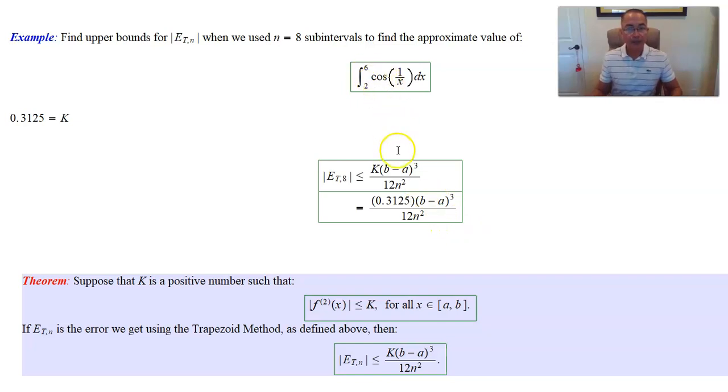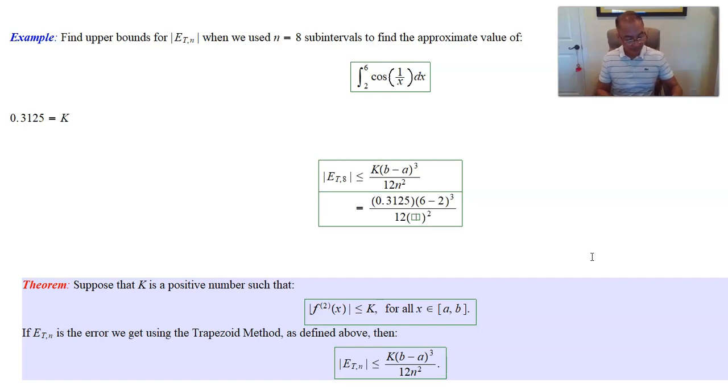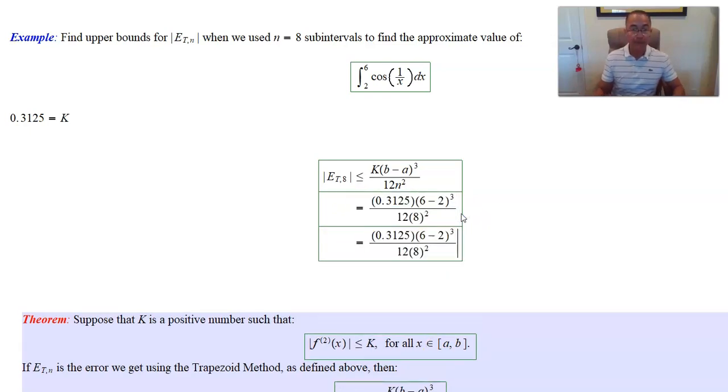Our a and b are 2 and 6, so 6 minus 2 cubed. Then 12n squared, where our n is 8 subintervals. So 12 times 8 squared, or 64. The rest is arithmetic.